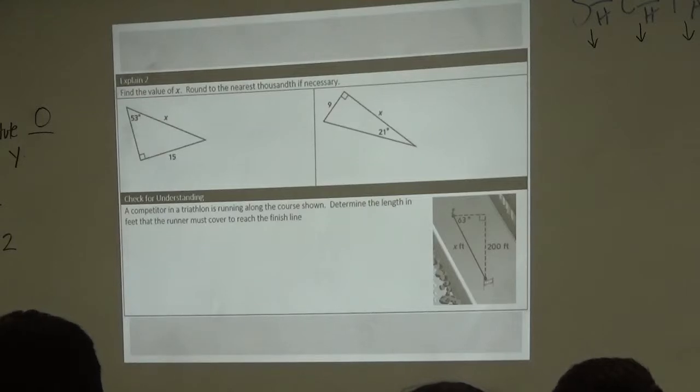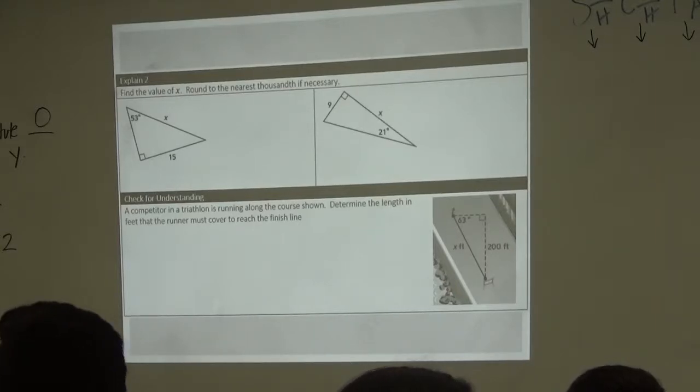So we want to find x, and we have some other information. What do y'all notice? What information do we have? Let me see some hands. Lazaro? We know this time one of the angles, notice it doesn't say theta this time, it says 53 degrees. We literally have the degrees, okay? What else do we know? Drop it in.